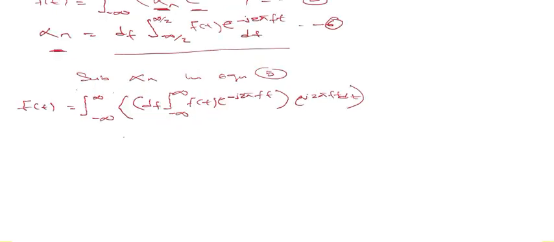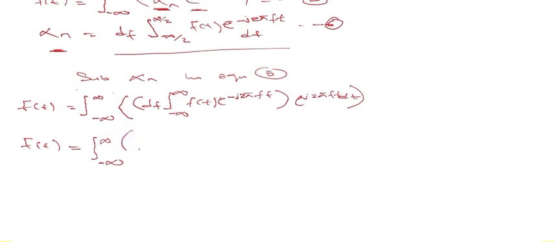Now, further simplifying our equation, let's arrange it very well. We have f of t is equal to the integral from minus infinity to infinity. For us to arrange this properly, let's open the brackets.